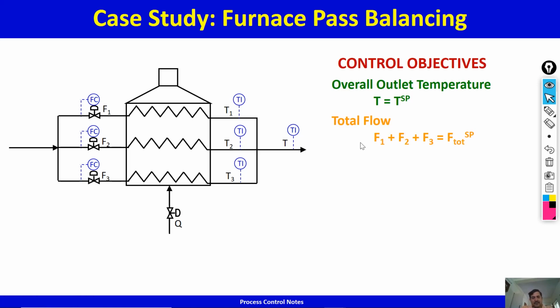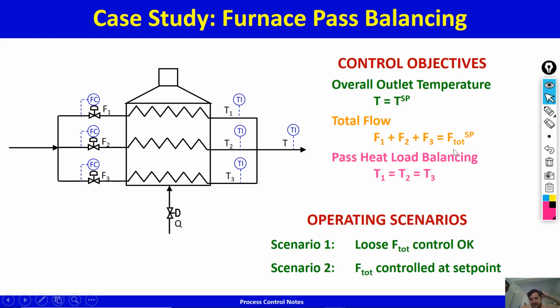Then the next objective is that the total flow F1 plus F2 plus F3 should be the desired throughput, the desired flow, for example the desired crude processing rate. So the total flow needs to be controlled at the desired set point. And then of course there is this pass heat load balancing thing, where you want that T1, T2 and T3 should be the same.